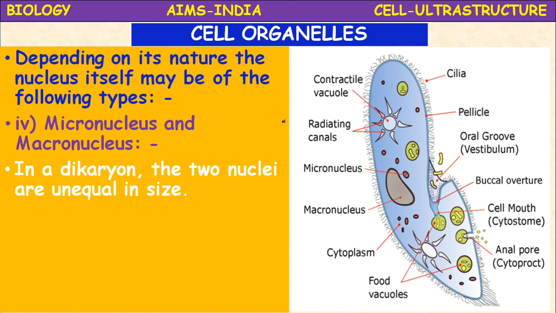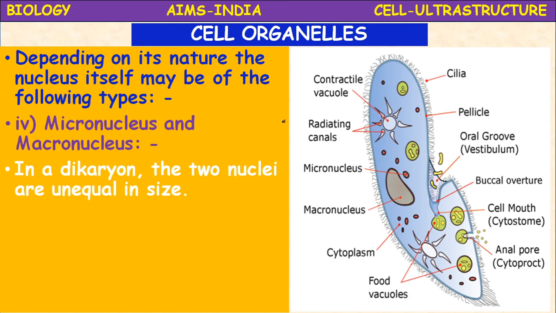Heminucleus is a haploid type of nucleus present in the gametes. Pronucleus is present in the gametes. Before the spermatozoon penetrates into the ovum, and after penetrating, the nucleus of the spermatozoon is called male pronucleus. Male pronucleus and female pronucleus combine to form the synkaryon.